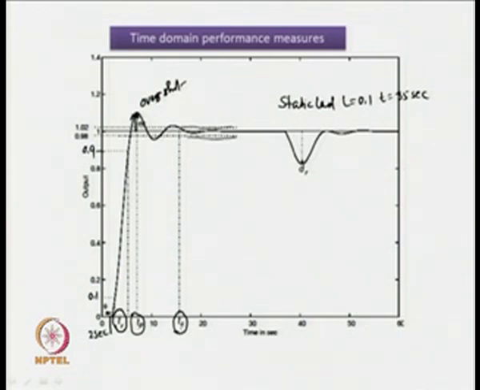So, these are some critical parameters one obtains from time response of closed loop systems. What are those?